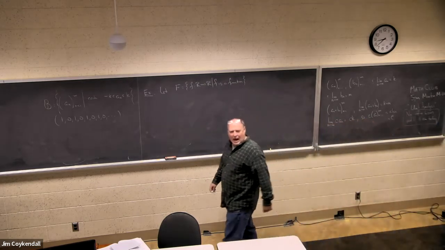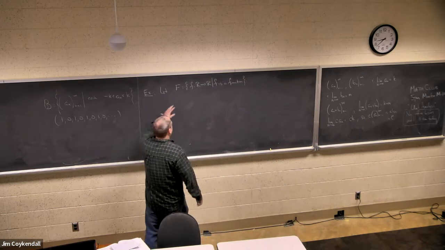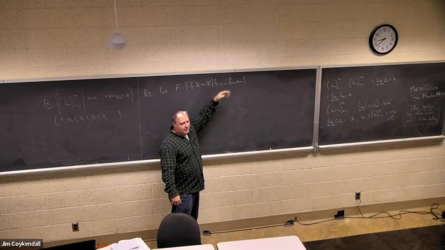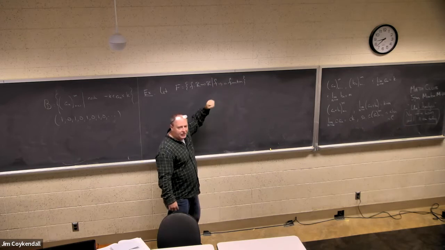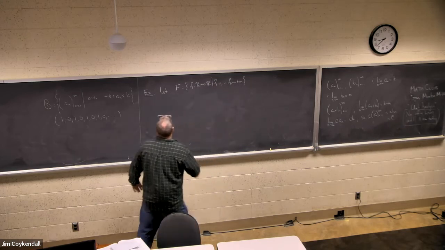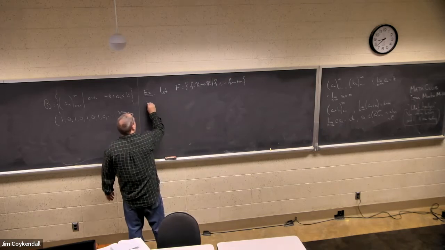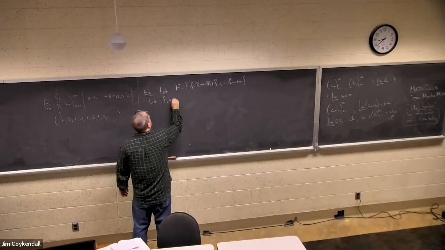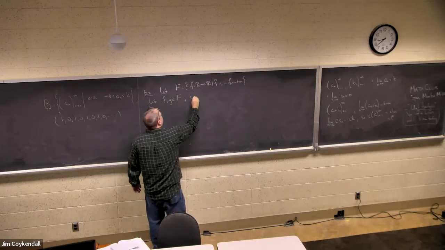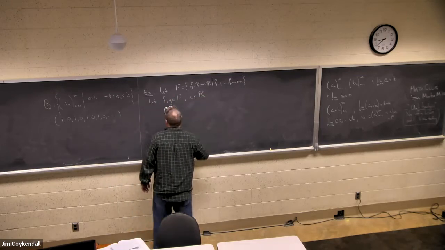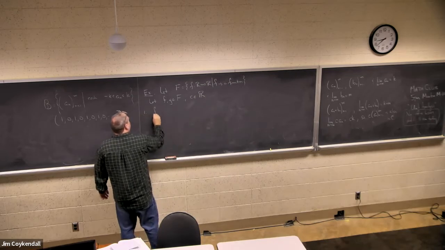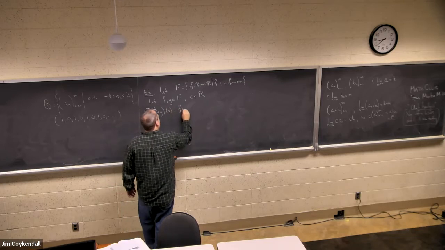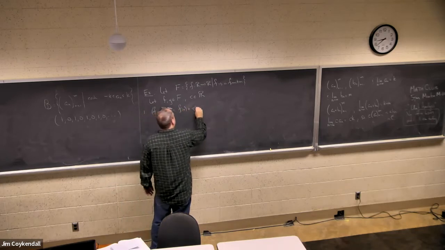Let me tell you how I'm going to add two functions. This is just the collection of all f from R to R that are functions. They don't have to be anything nice like you've seen, any function that you like. And I am going to define f plus g of x as f(x) plus g(x).